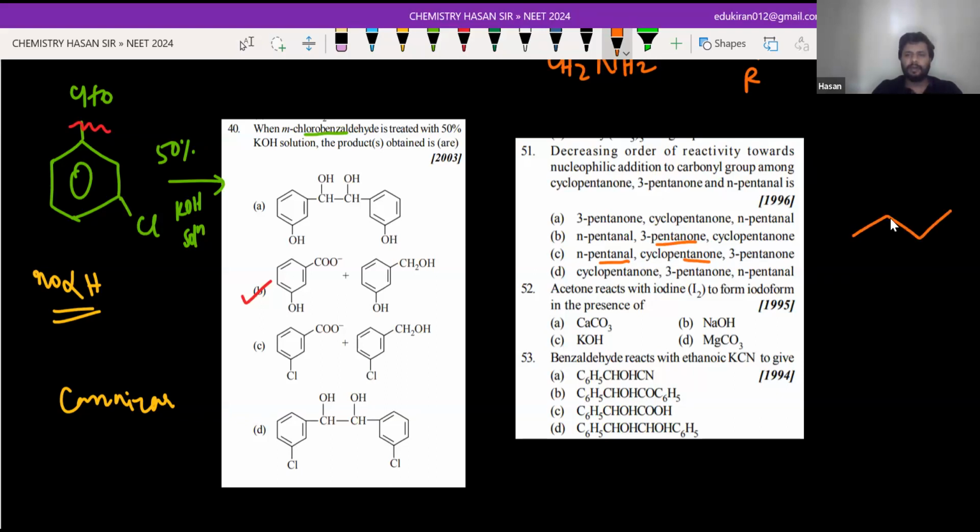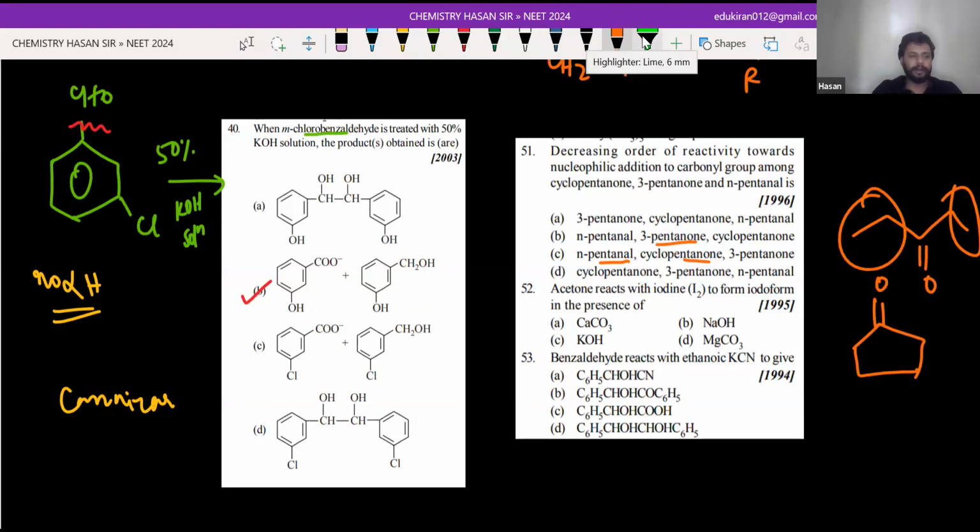That means this is the scenario. Both sides you are getting bulky alkyl groups, and you can see cyclopentanone is there like this. So basically, in between 3-pentanone and cyclopentanone, cyclopentanone will be more reactive. So the answer is C, not B.